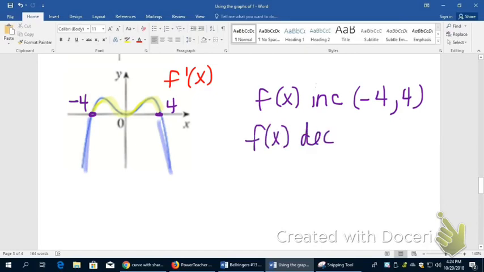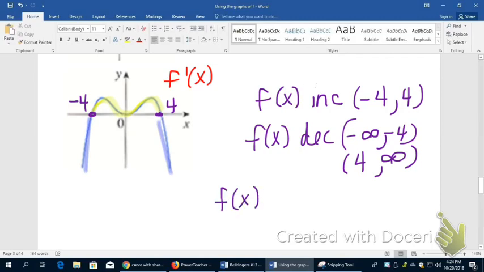F of x is decreasing from negative infinity to -4 and 4 to infinity, because that's where f prime of x is below the x-axis. In this case, there's only one max and one min. F of x has a max at x equals 4, and it has a min at x equals -4.